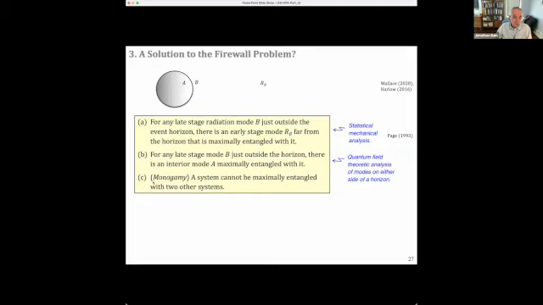And then finally, the third claim is a statement of monogamy. Right? A system cannot be maximally entangled with two other systems. And the problem is that if the first two claims are true, then B is maximally entangled with two other systems, right? R_B and A.